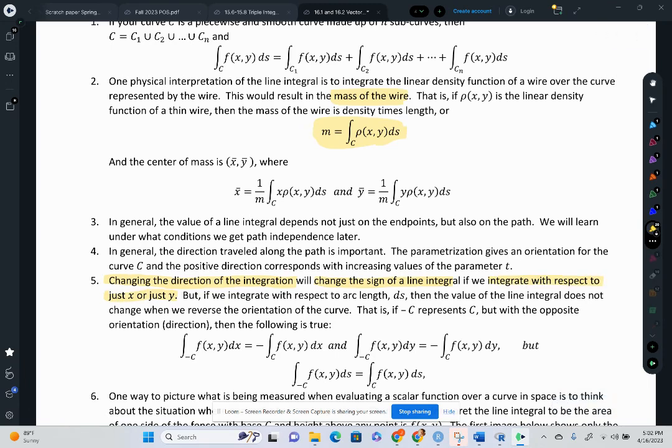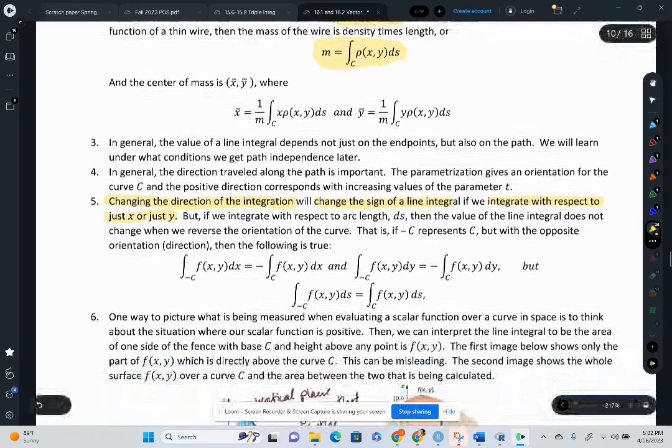But if we integrate with respect to the arc length ds, then the value of the line integral does not change when we reverse the orientation of the curve. So what I'm saying here is, if we're going in a different direction along C, so negative C, we can interpret that as giving us a negative value on the regular line integral over C if we're dealing with dx, or if we're dealing with dy.